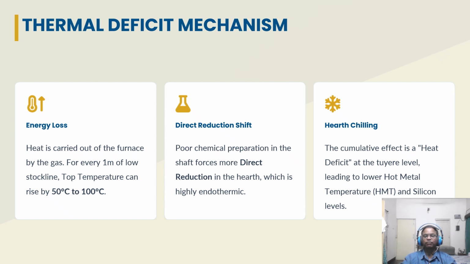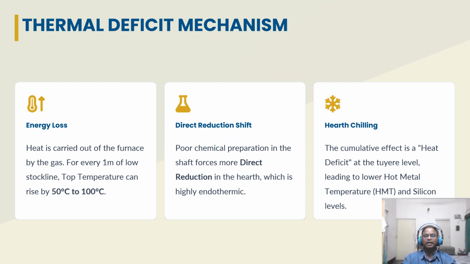Then because we have lost that indirect reduction zone, the furnace is forced to compensate with direct reduction down in the hearth, and this is a highly endothermic reaction, meaning it consumes heat instead of producing it. So it's a less efficient, more energy hungry way to make iron.